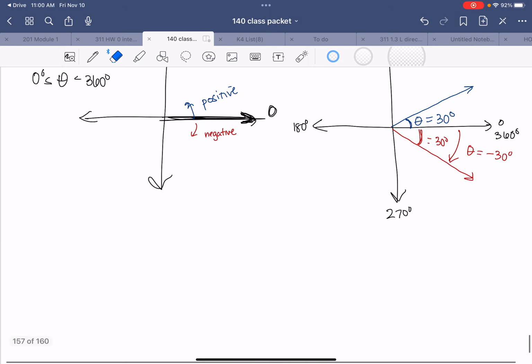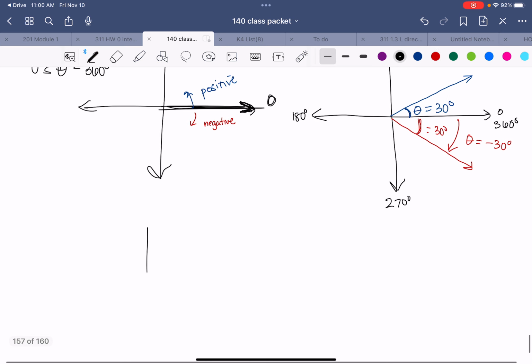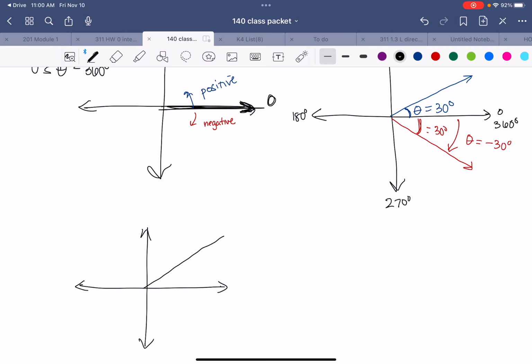So for example, if I draw my 30 degrees down here, there's my 30-degree angle. However, if I go around a whole time and then all the way to there, that is now, the green one, 30 degrees plus 360 degrees. So that is now 390 degrees, because you can go around the circle more than once.